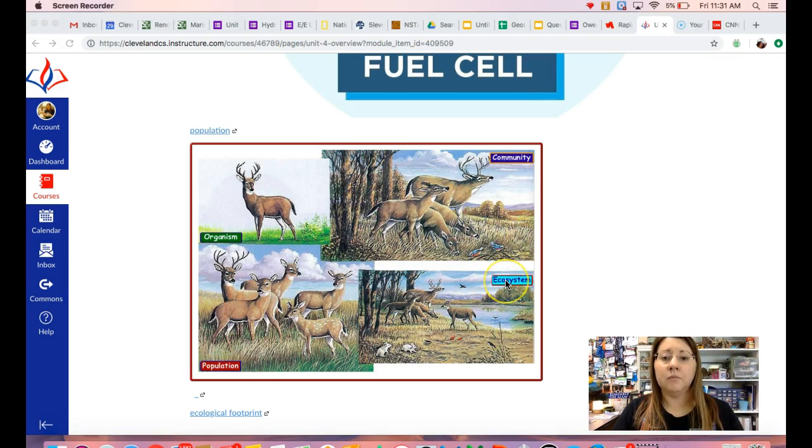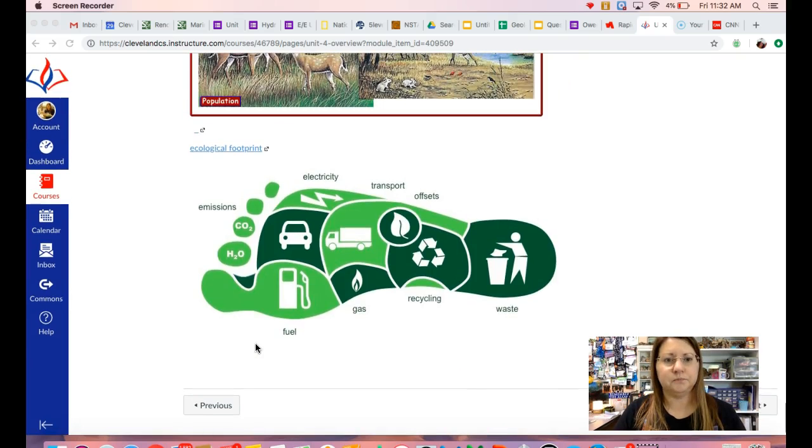And then ecosystem is all the biotic and abiotic. So we have the community of all the different types of living organisms, but then we have weather factored in, and sunlight, and we have water and whatever else. So the particular population is looking at the amount of the same species.